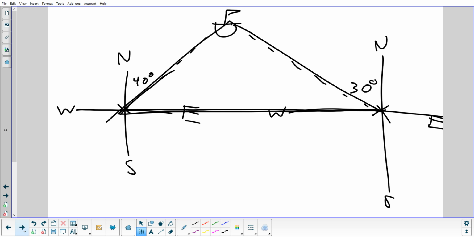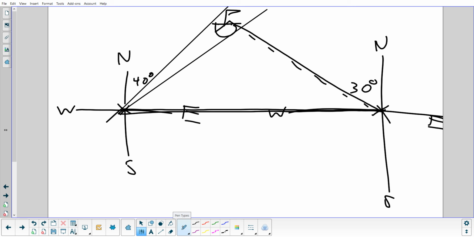Because in real life, you're not going to get an exact pinpoint spot and be able to say the boat is exactly right there. Usually there's an error. Not everything is perfect. So there might actually be a little bit of an error here where it looks more like this. They say, well, we know the boat is somewhere in that area.